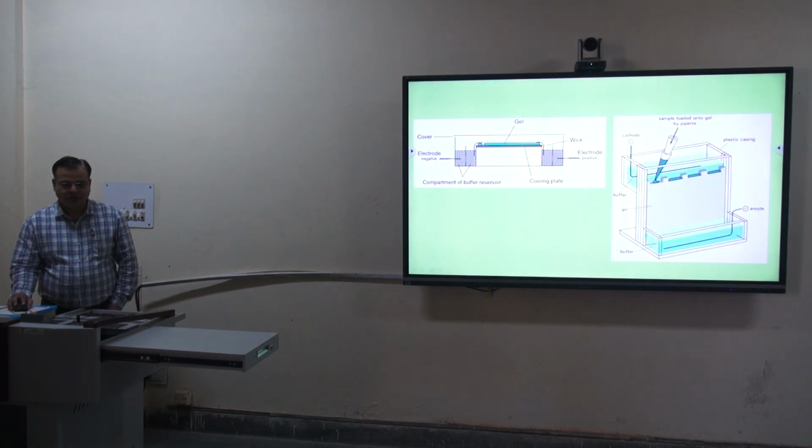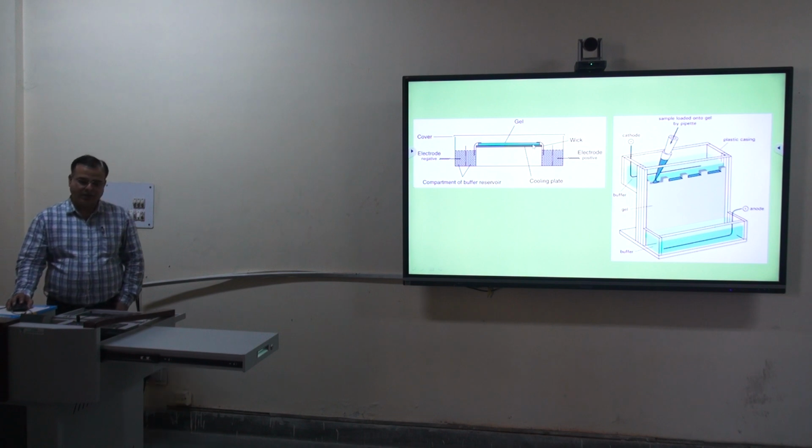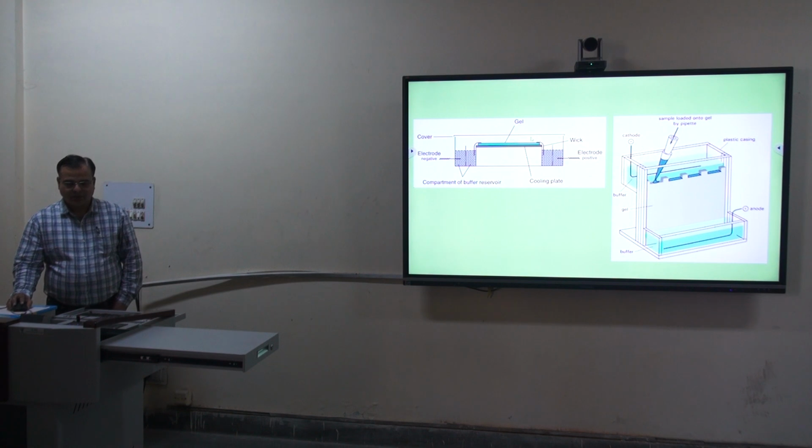So when the sample is applied here in the well, the charged particle moves from this electrode towards the other electrode. When the charged particle moves to this end, we have to stop the process of electrophoresis. Otherwise, the charged particle will come out of this gel, and the process of separating the charged particle will not be useful.